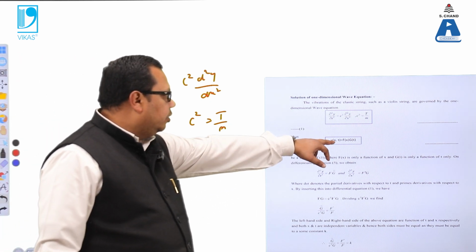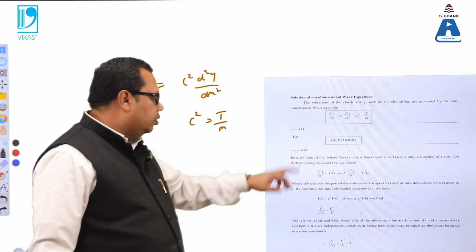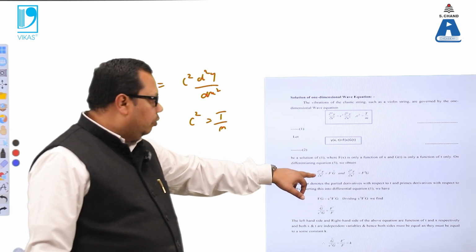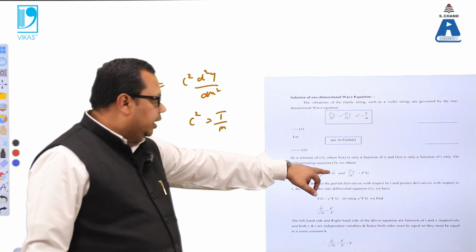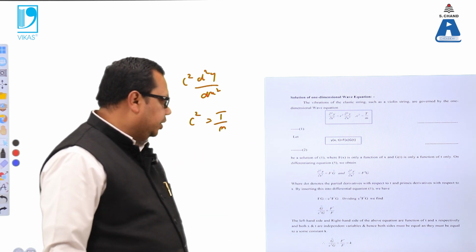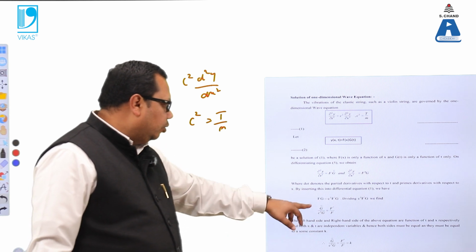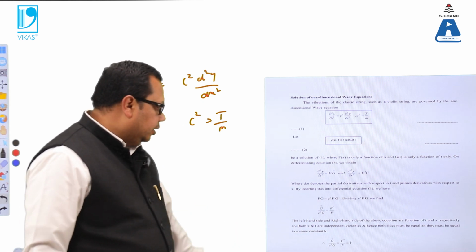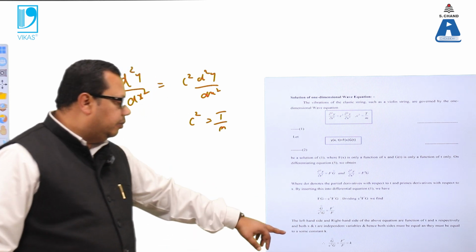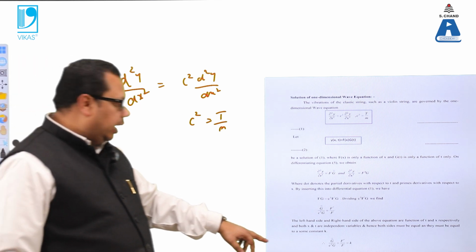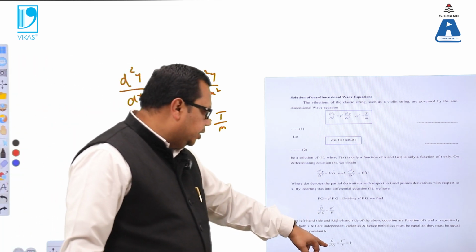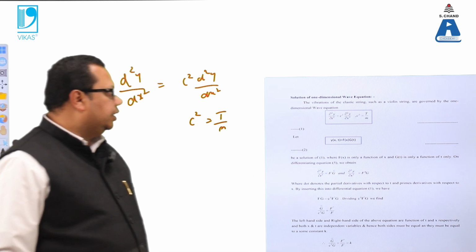So y(x,t) = F(x) G(t). This is also a solution, where d2y/dt² = F G'' and d2y/dx² = F'' G. So F G'' = c² F'' G. When we divide both sides, we get this equation in the one dimension, where G''/(c² G) = F''/F, and that is equal to k.